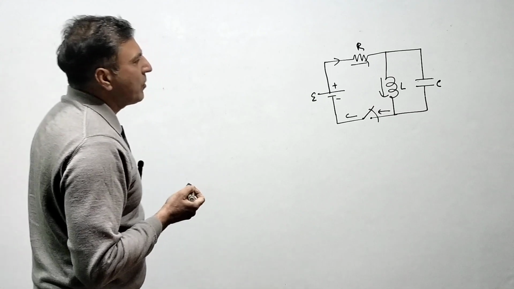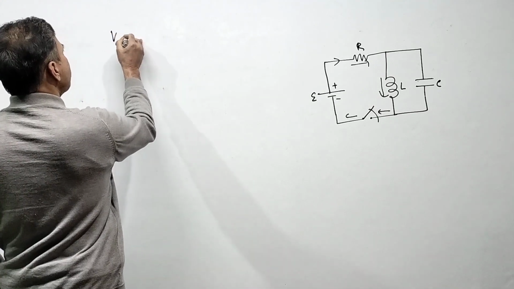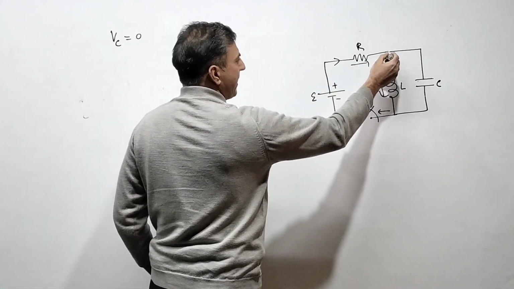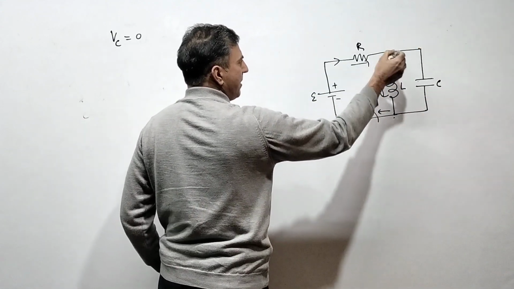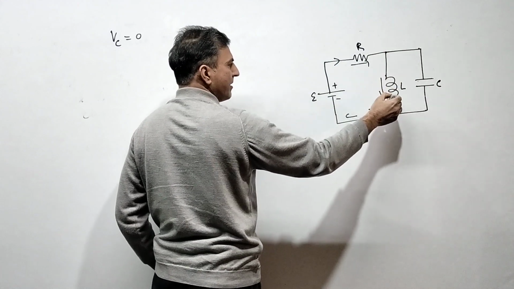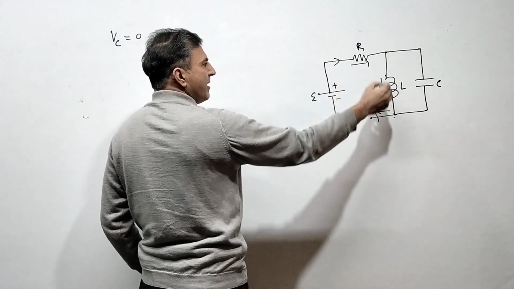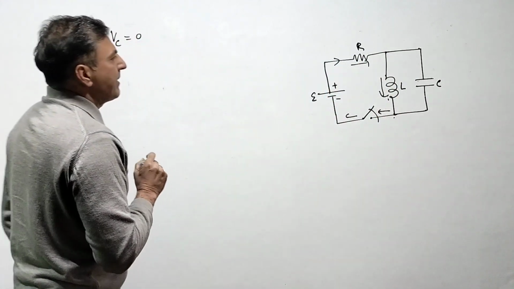So what is the initial voltage on the capacitor? Initial voltage on the capacitor is 0, because this point and this point are at the same potential. There is no potential difference, because it is a short, and current flows through this short. And what is that current?